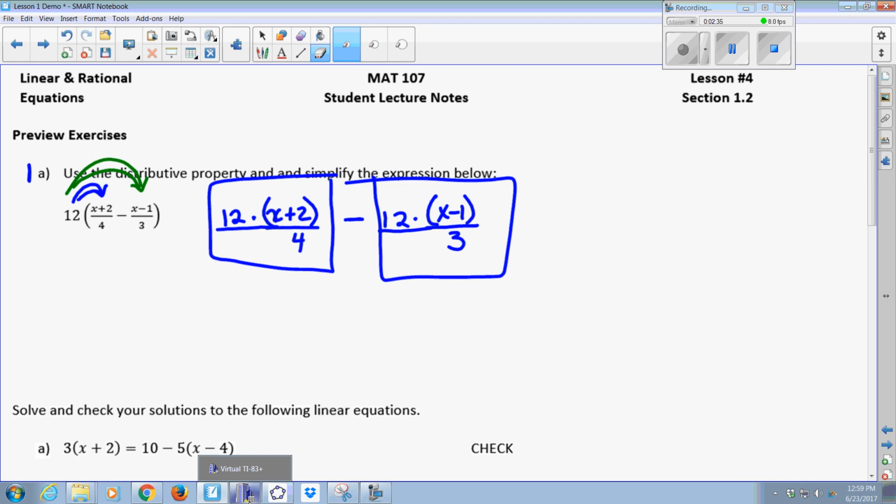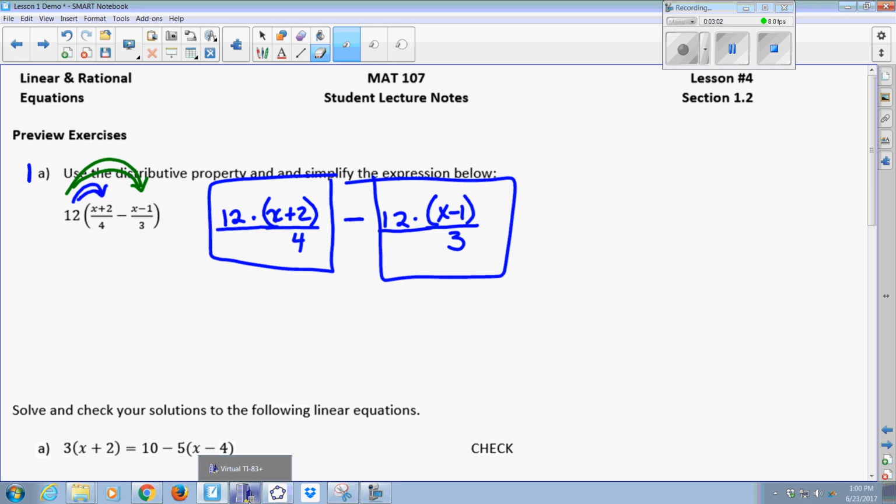Now, some of you may want to multiply 12 times the quantity x plus 2 on top, but since this is involving subtraction, I would then have to make sure my two fractions had the same denominator, and that could get really involved. Why don't I see if I can make a denominator that is 1? Then I don't have to even think about it anymore.